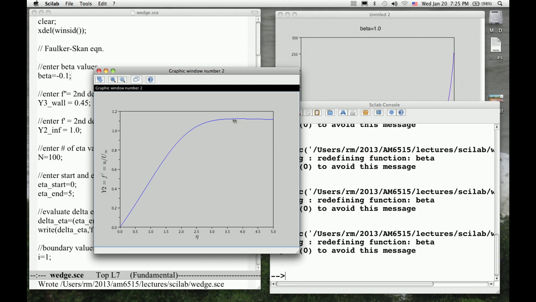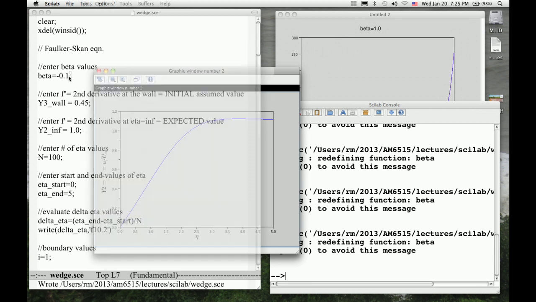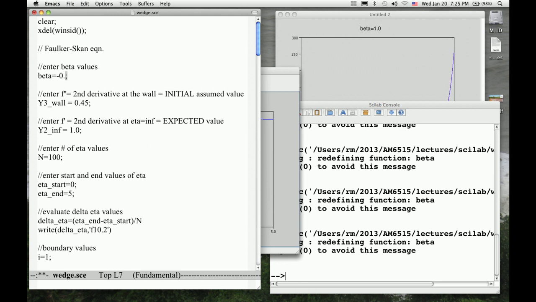It is slightly above 1. It was around 0.95 or so for the beta is equal to 0 case, right? So this is it. Okay, let me go slightly further and say that this is minus 1. If I do that, then what happens?